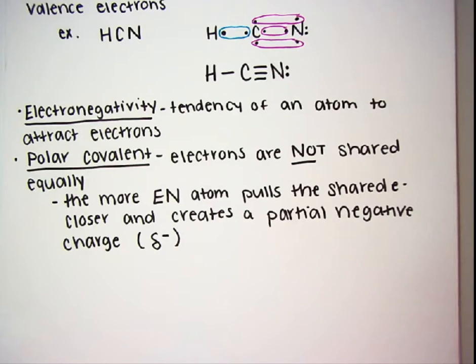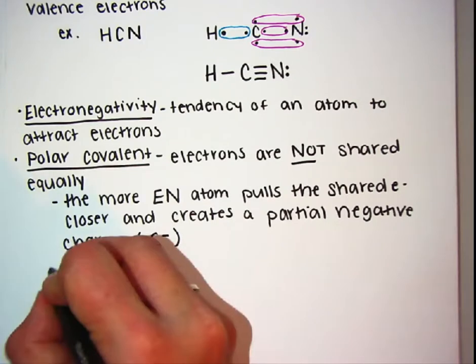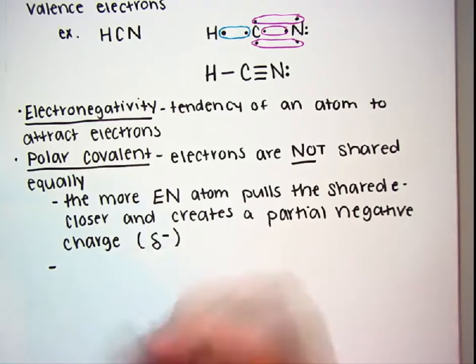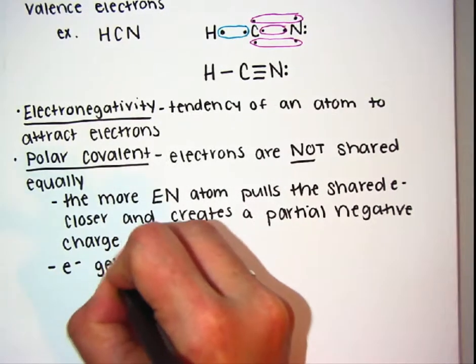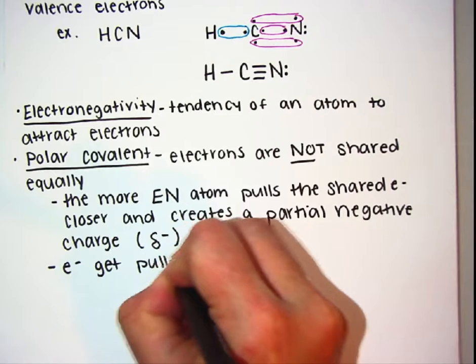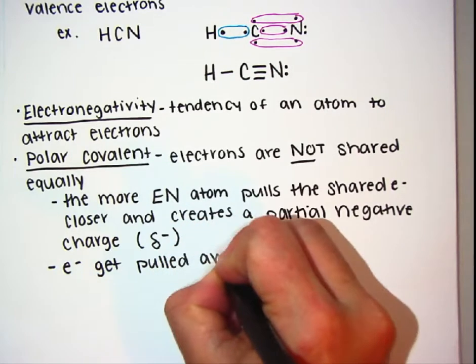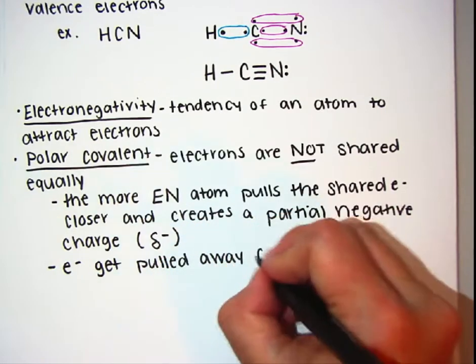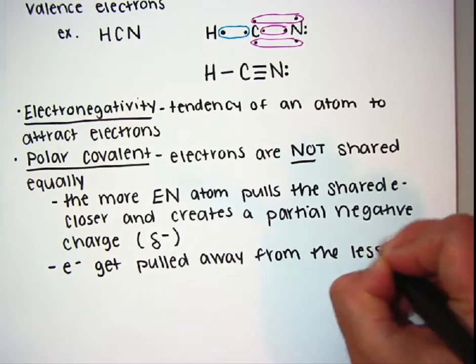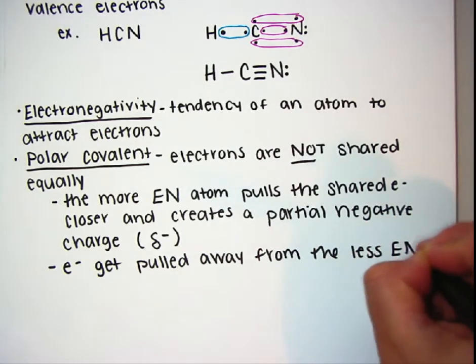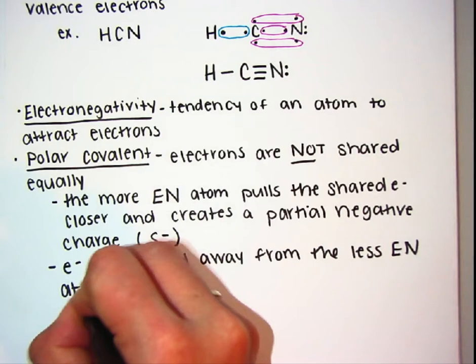So that means if one atom is pulling the electrons closer, those electrons are being pulled away from the other atom. So electrons get pulled away from the less electronegative atom.